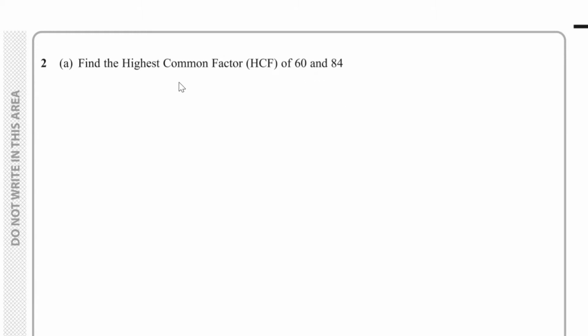Question number 2. We have to find for part A the highest common factor of 60 and 84. Well, if we consider the factors of 60, well, 1 times by 60 gives 60. 2 times by 30 gives 60. 3 times by 20 gives 60. 4 times by 15 gives 60. 5 times by 12 gives 60.